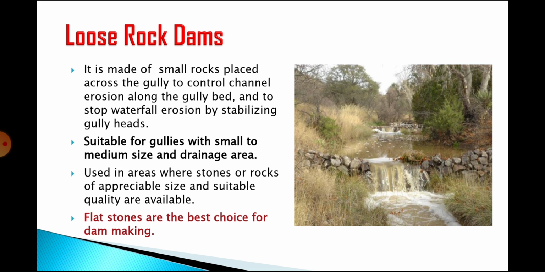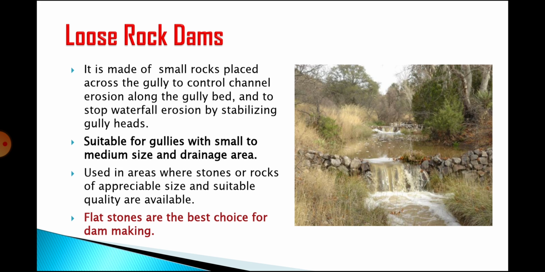Such dams are applicable for small and medium size drainage areas, and where flat stones are available. If stones are not available, you may ask someone to provide such boulders for making dams.